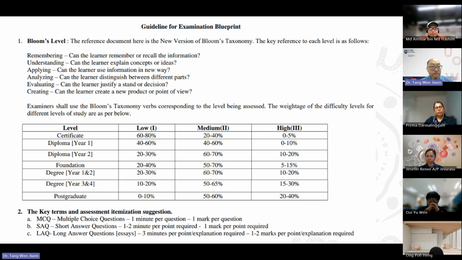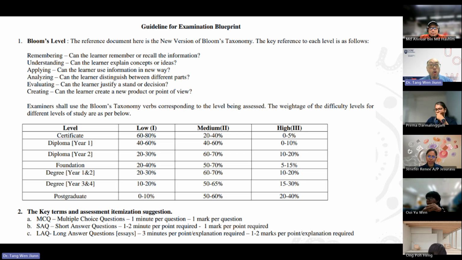And if your paper is degree level, degree year 3 and year 4, you can see here the lower level becomes lesser and there is more on the analysis parts. The higher evaluation part becomes slightly higher as well. So this table serves as a guide when you are preparing your exam paper.